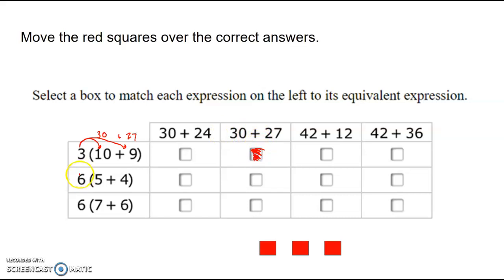In this one, 6 times 5 is 30. 6 times 4 is 24, so I'm looking for 30 plus 24. That would be the equivalent expression to the second one. Again, I'm going to distribute this 6 to everything in here. 6 times 7 is 42, and 6 times 6 is 36. So I'm going to look across for 42 plus 36.